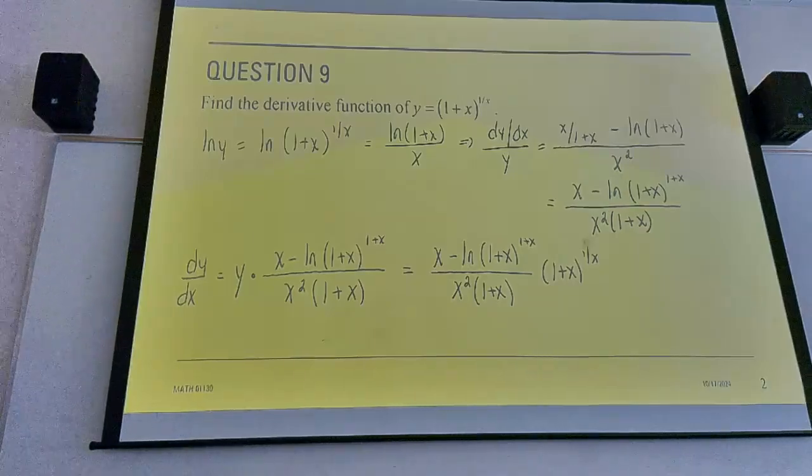Which we can rewrite. So you could write the exponent of 1 plus x as 1 over x minus 1, or write it as a single fraction, 1 minus x all over x.